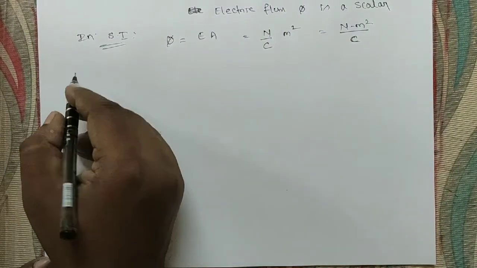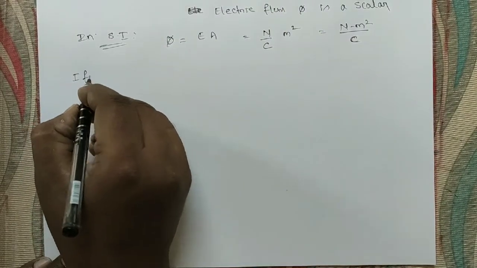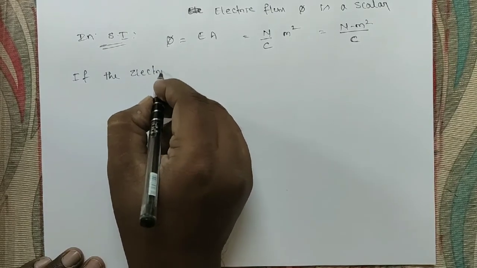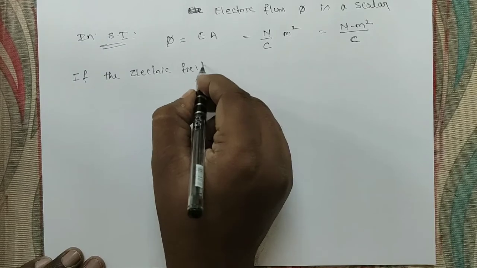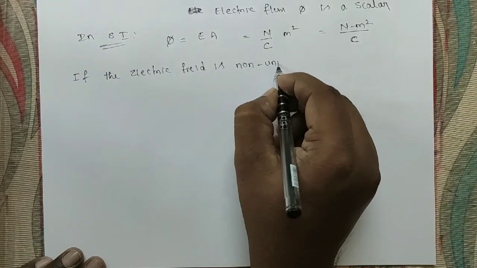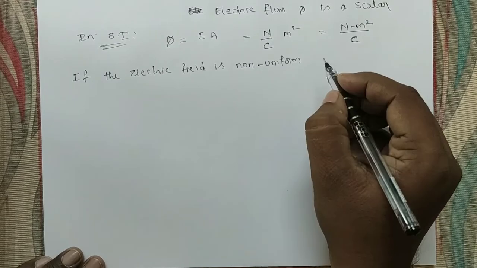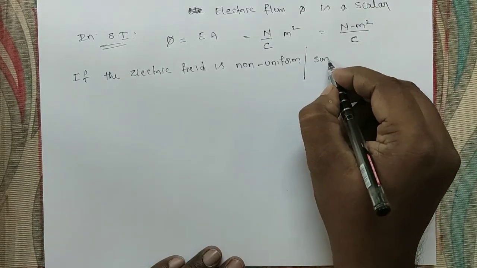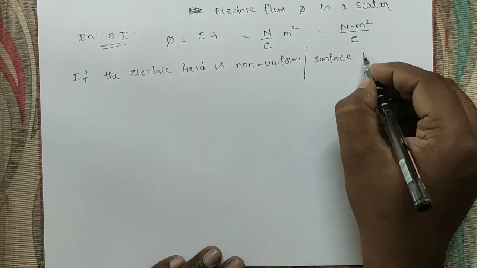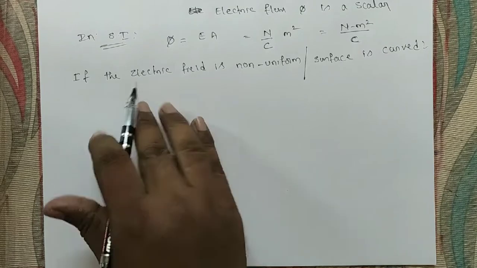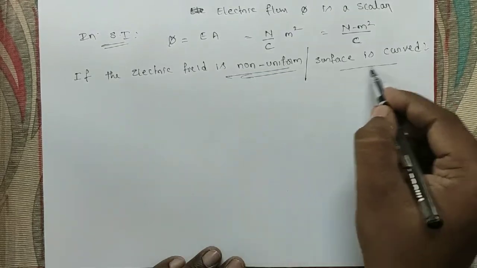So either the electric field is non-uniform or our surface is curved.